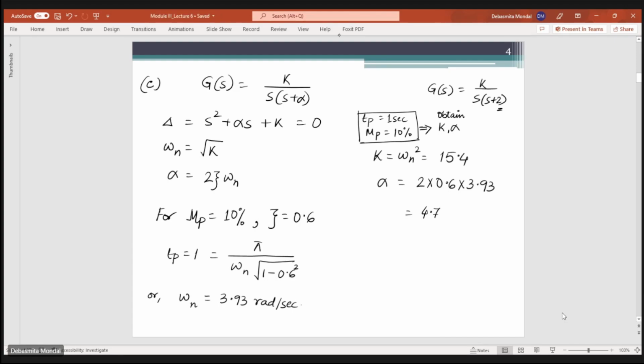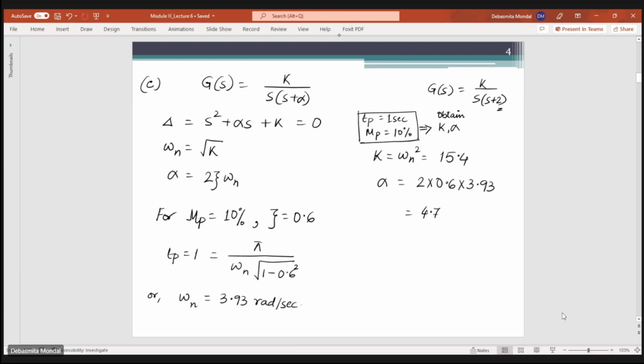Once you know the value of omega n and zeta, you can simply put those values in the expression for MP as well as the expression for TP. By solving these equations, you will find the value of omega n.